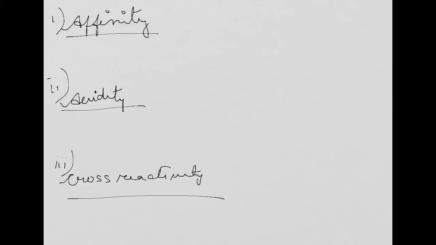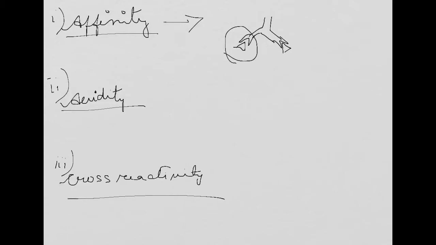Affinity is the force of attraction between an antigen binding site of one epitope. If this is your antibody, suppose, sorry for the bad drawing. So this corresponds to your affinity.